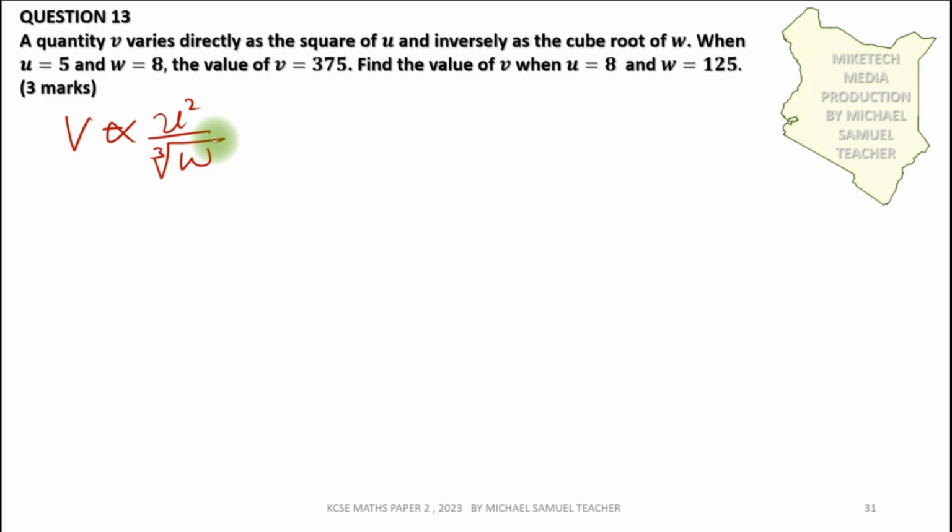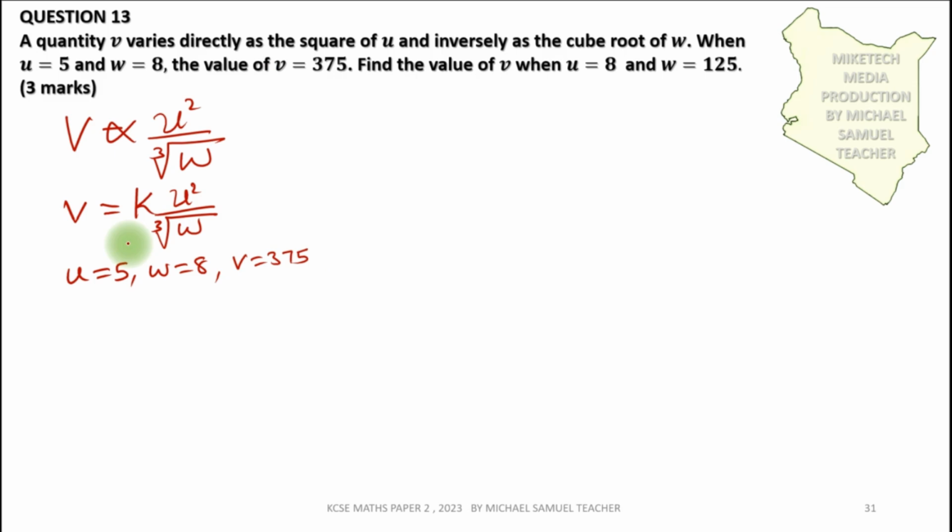So if we introduce our constant value, v will be equal to k u squared over cube root of w. So we have been given the value of u is equal to 5, w is equal to 8, and v is equal to 375.